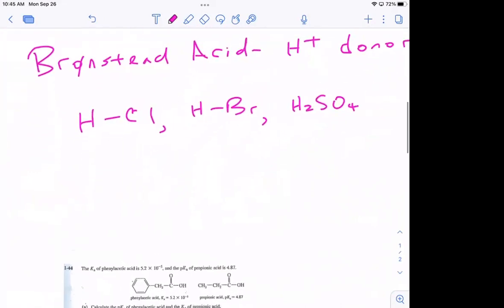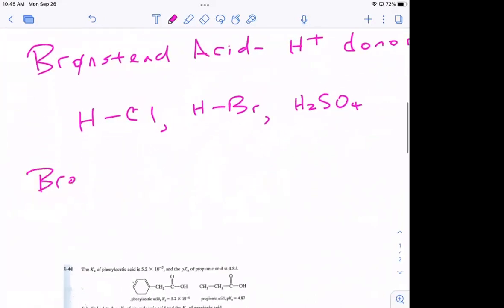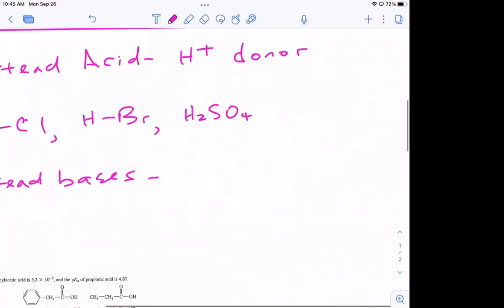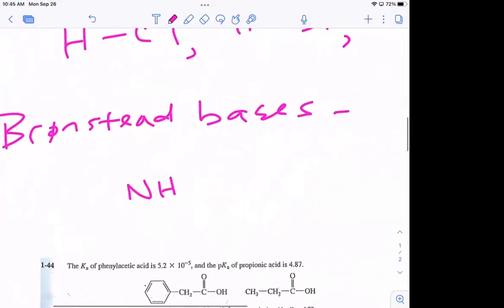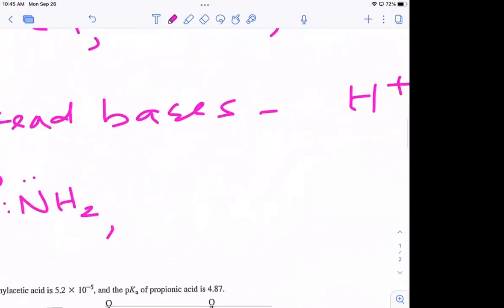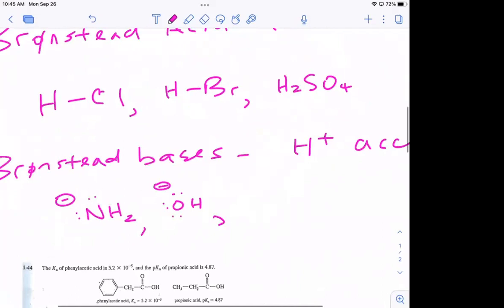And then we also learned about Bronsted bases, and those were H plus acceptors, like nitrogen or oxygen, especially the hydroxide anion, that's a proton acceptor.